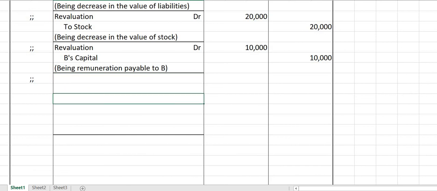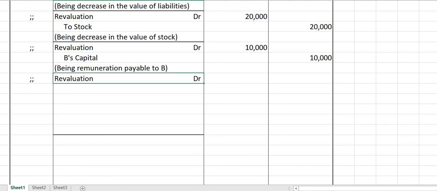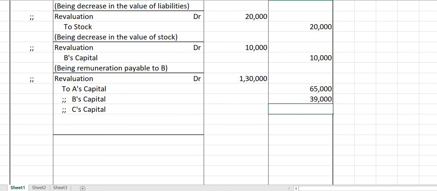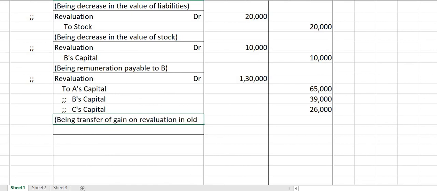This is for writing the profit sharing. Revaluation account debtor, how much was the profit? Total profit was 1,30,000, and for A it was 65,000, for B it was 39,000, and for C it was 26,000. So being transfer of gain on revaluation in old profit sharing ratio.